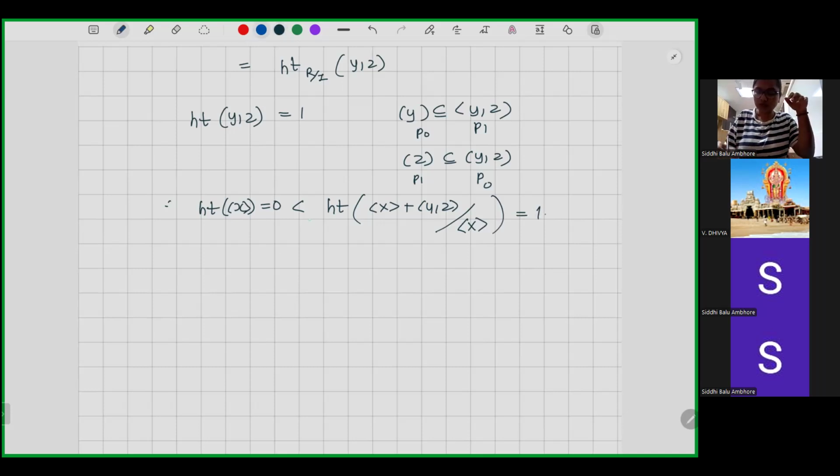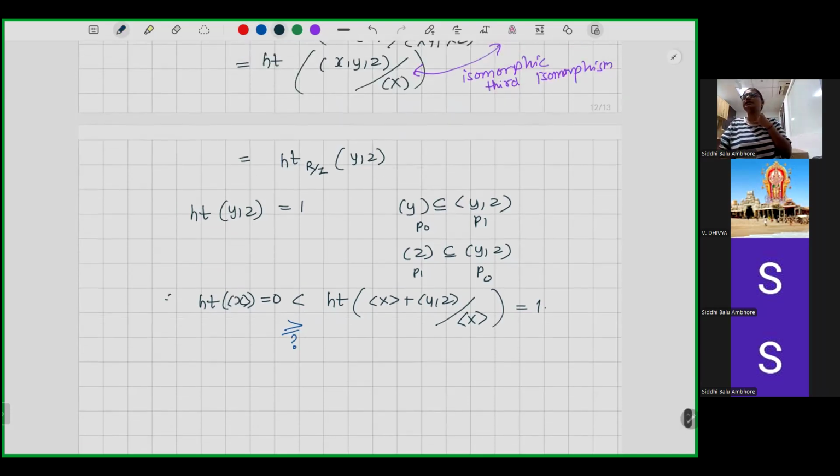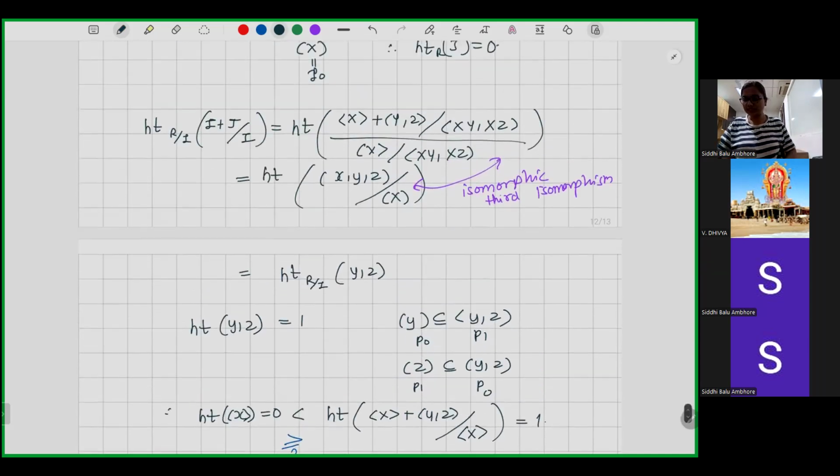So our question was, does this always hold? So this is not there. The height of this ideal y comma z is 1. Okay, is there any doubt here?